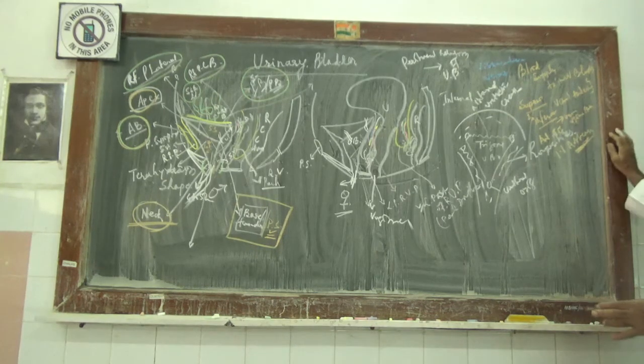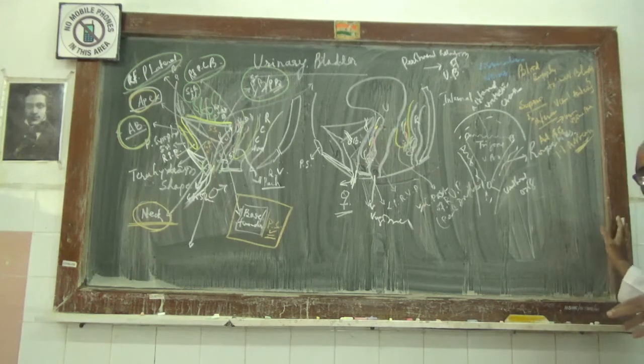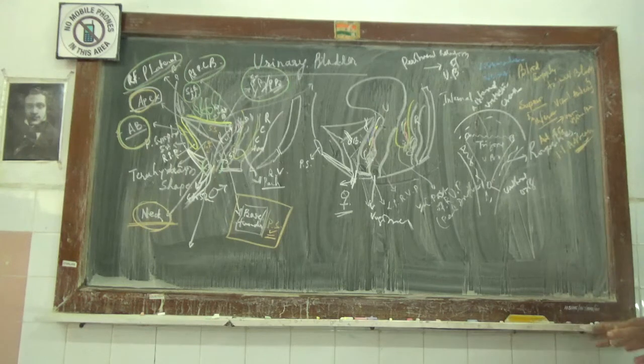The deoxygenated blood from these superior and inferior vesical veins opens into the anterior trunk of the internal iliac vein. Then the internal iliac vein of one side uniting with the internal iliac vein of the other gives rise to the common iliac, then it goes into the inferior vena cava. So this will be the venous drainage.